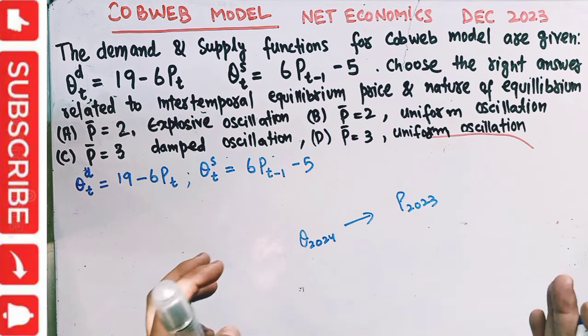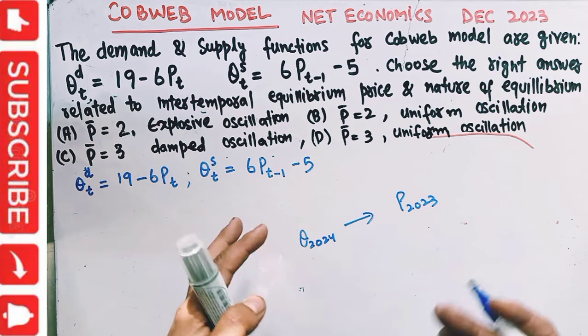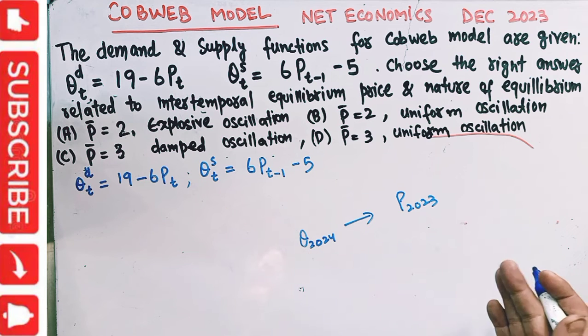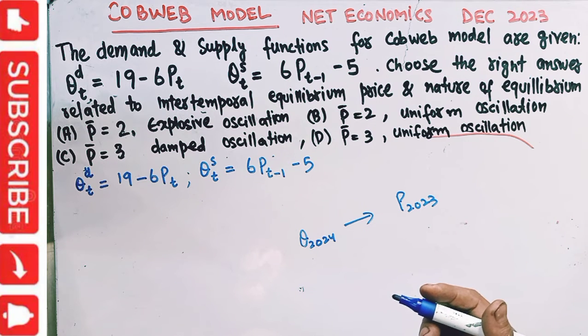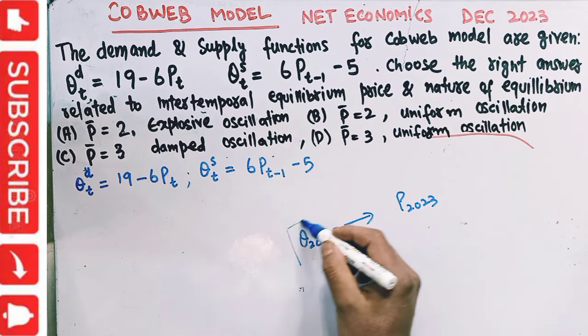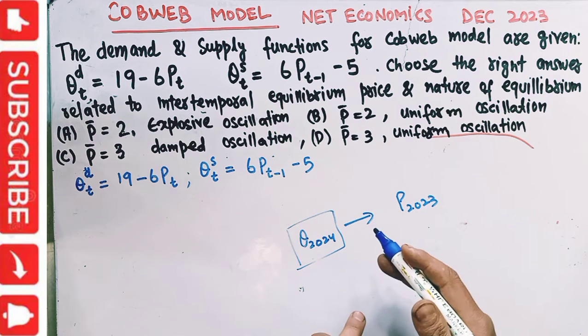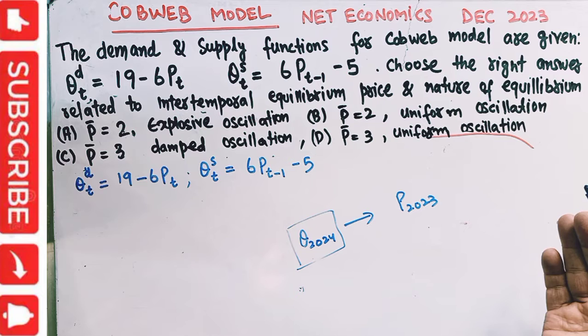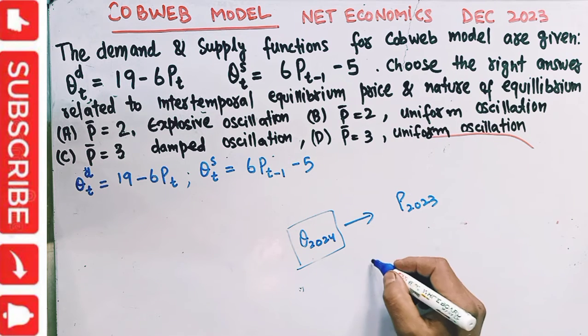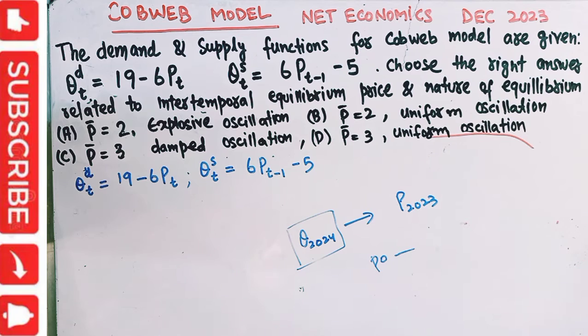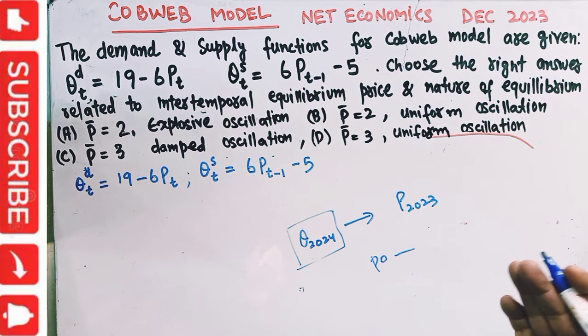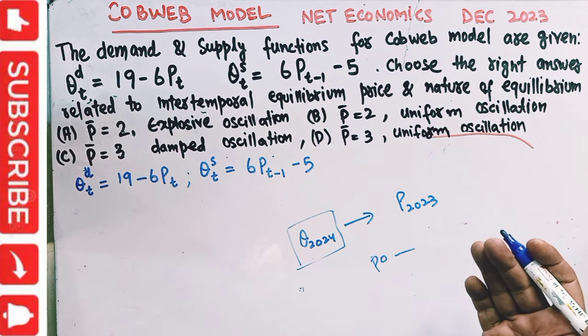It makes sense if we take the example of agricultural products like wheat. The supply of wheat will depend upon the price that was prevailing in the earlier period. Why? Because production of wheat takes time. It takes almost 9 or 10 months to produce wheat.